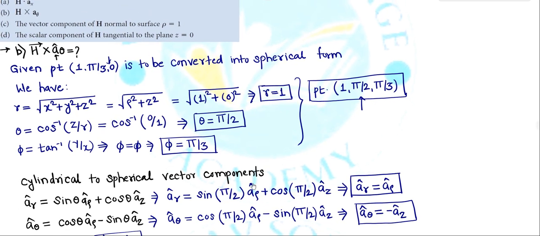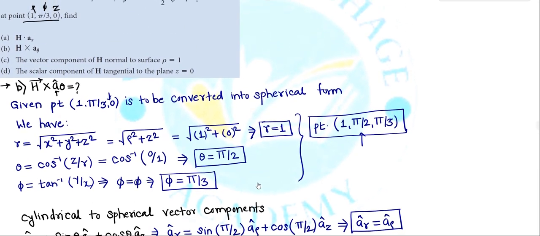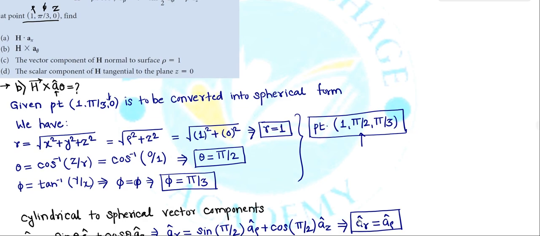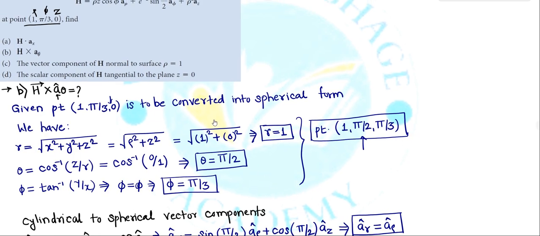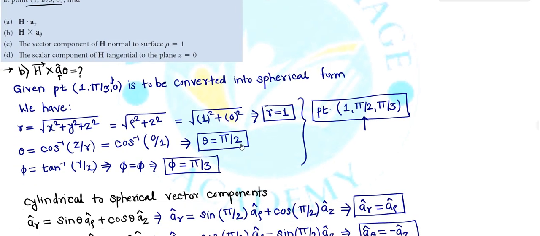So we have that a r is equal to a rho. Now what is that value we have, that rho z cos phi, and it will be what now? Since we have that z component to be 0 over here, this term will be 0.